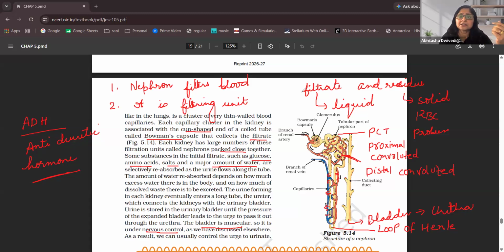Sometimes they do ask you to write the labels, so you have to know what labels they ask for, and sometimes they ask true or false, match the following, one-mark answers. So you know the drill, and keep practicing your past papers no matter which syllabus you follow. Practicing the questions is the right strategy anyway.